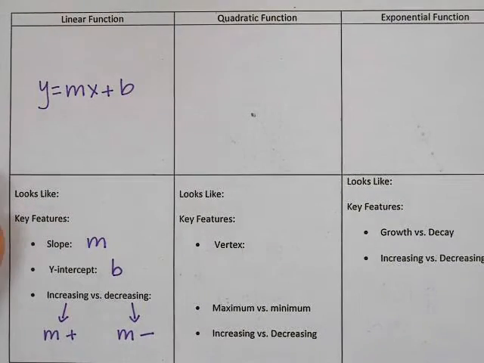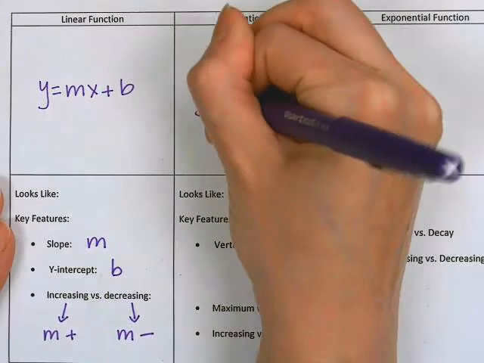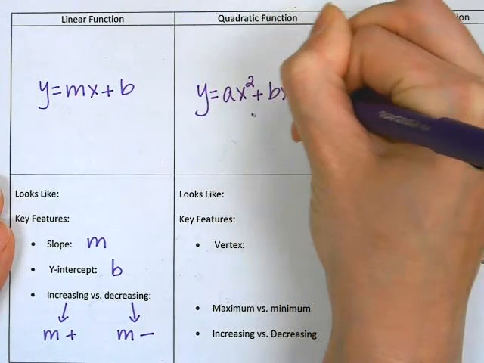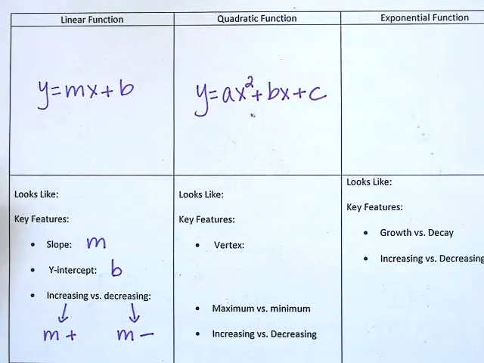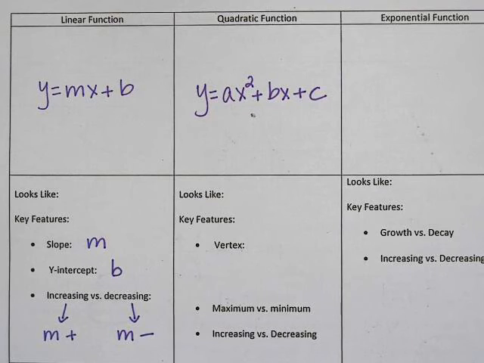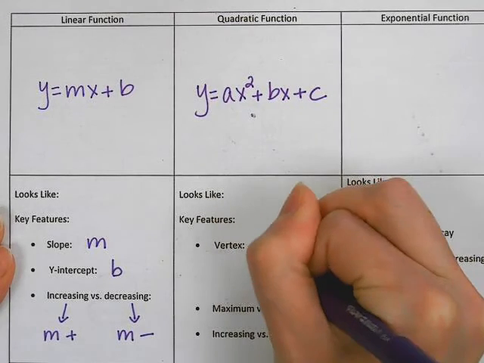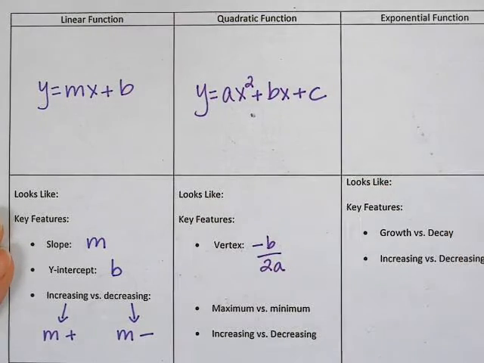All right, onto a quadratic function. Quadratic: y equals ax squared plus bx plus c. You guys know that one. To find the vertex, remember that formula? Negative b over 2 times a.